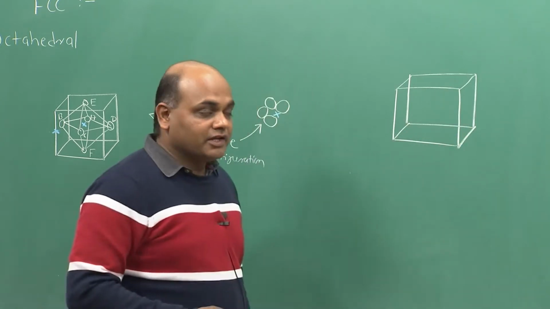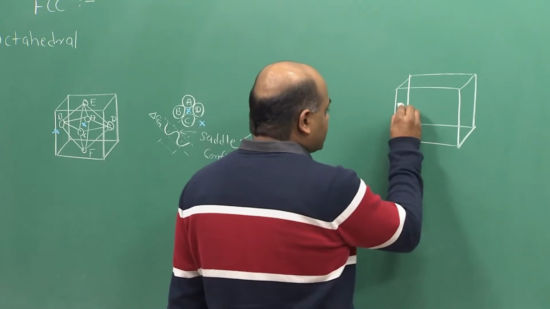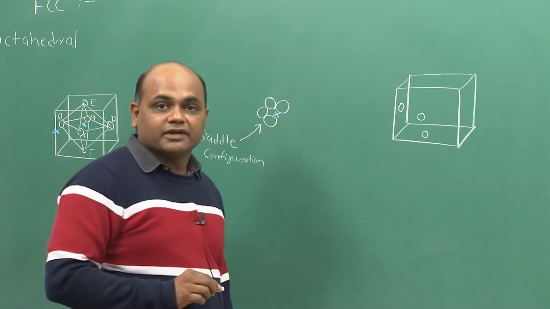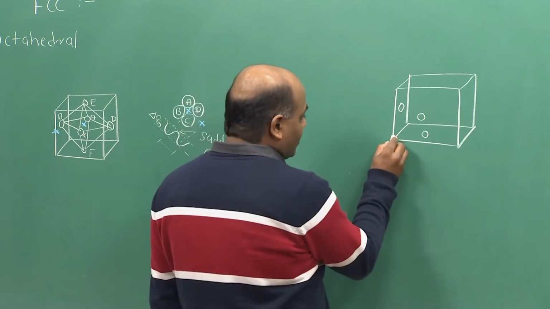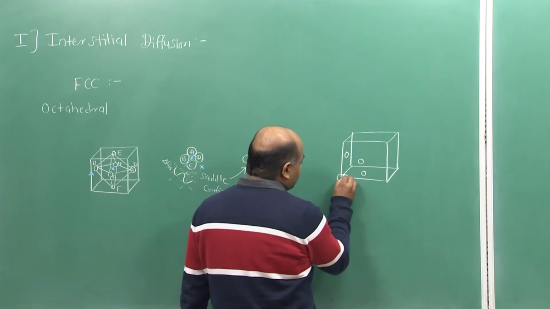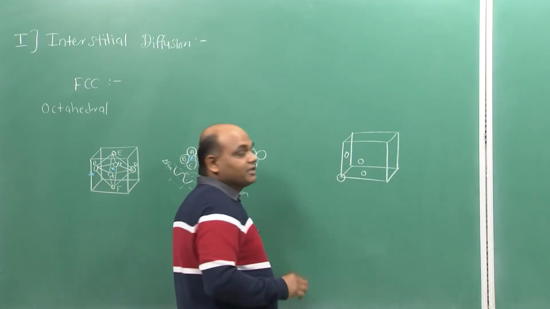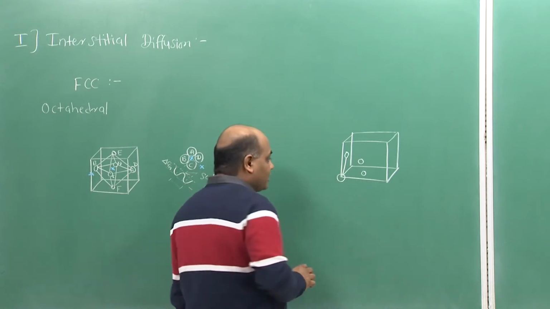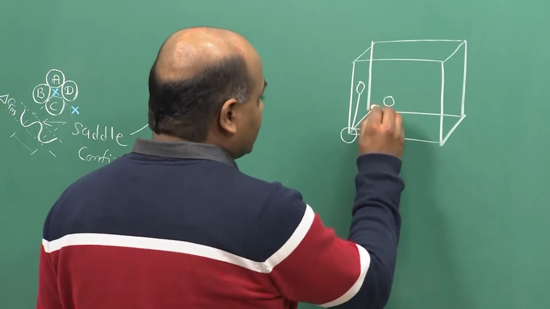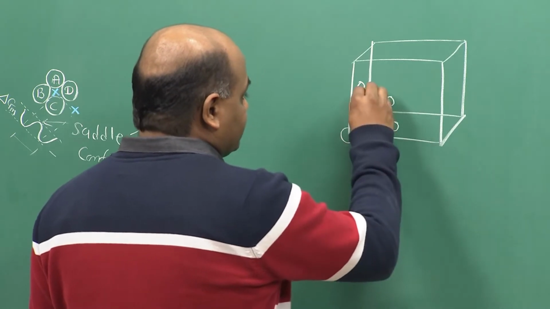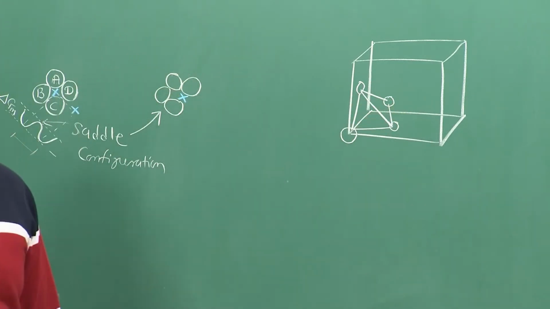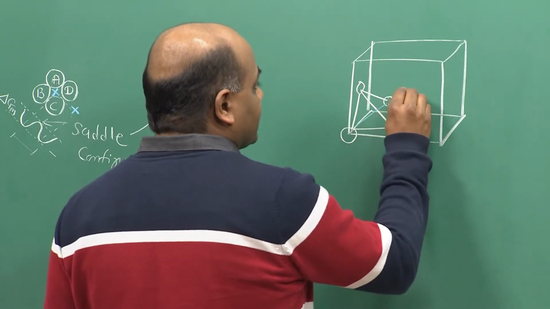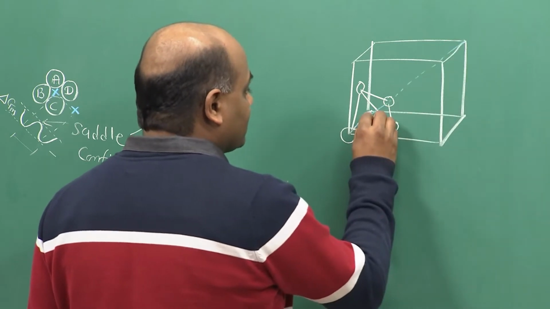So, if we consider any three adjacent face center atoms and the corner atom which all the three face center atoms touch, then we can draw a tetrahedron, meaning a figure having 4 faces, and the center of the tetrahedron we can see will lie along the body diagonal.